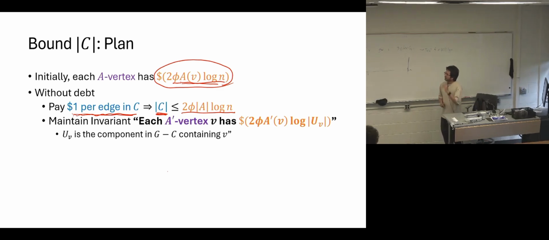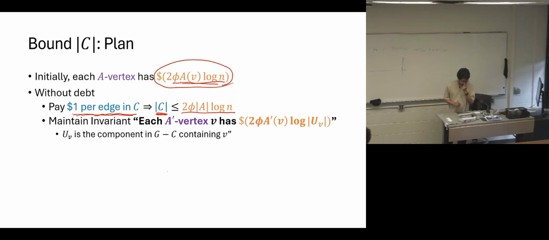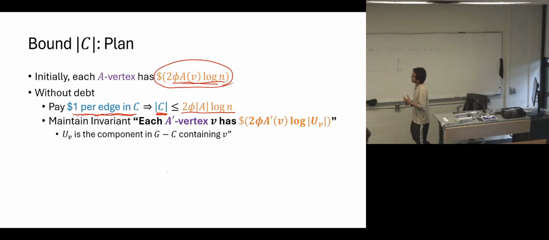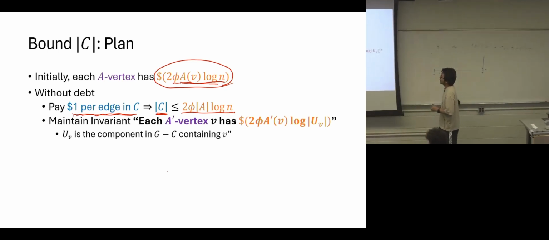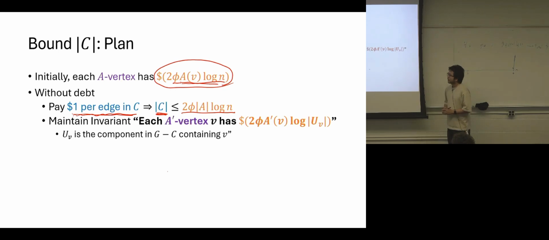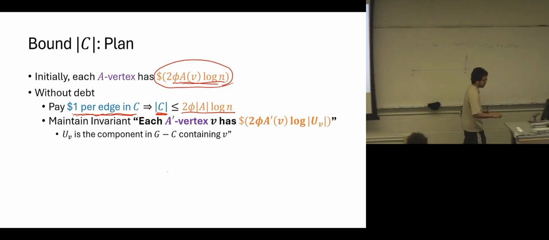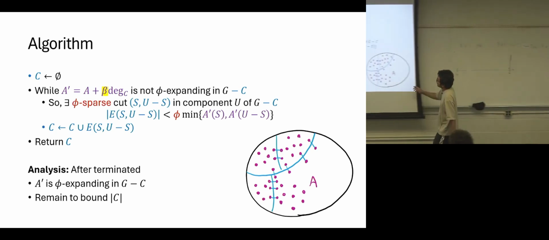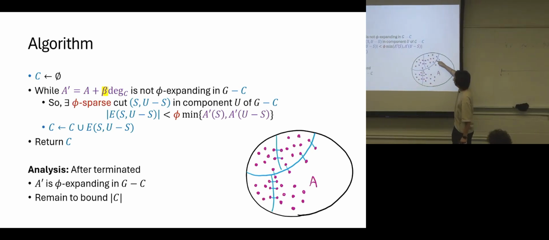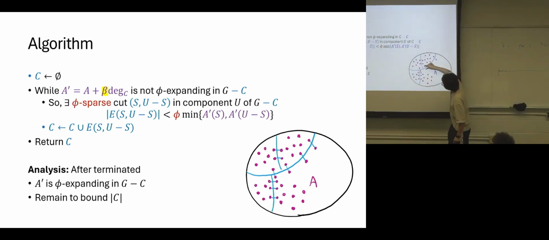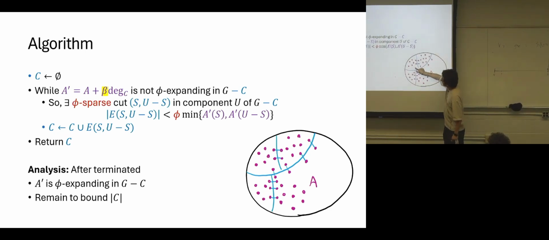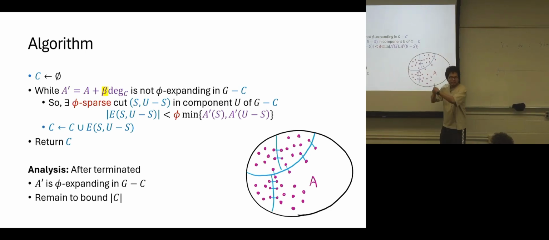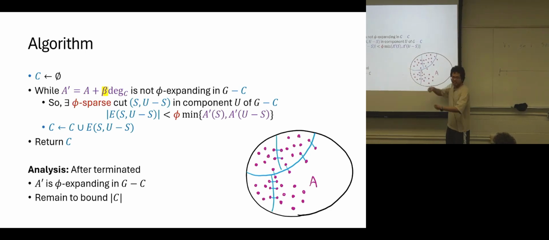But now there is a new thing. Whenever we find a cut, you cannot put new node weighting, so the node weighting A keeps growing.